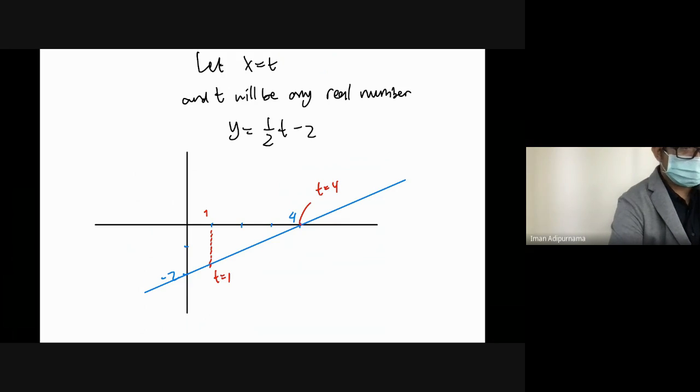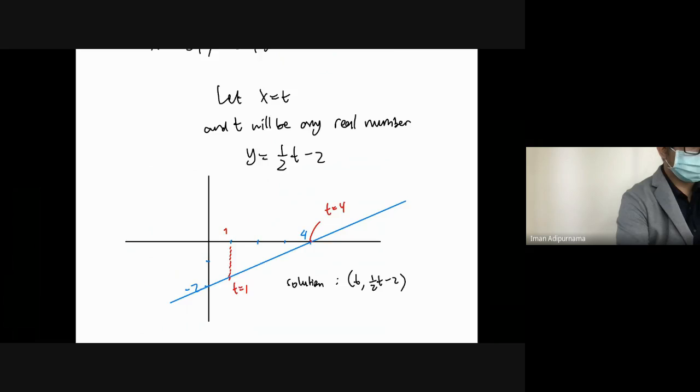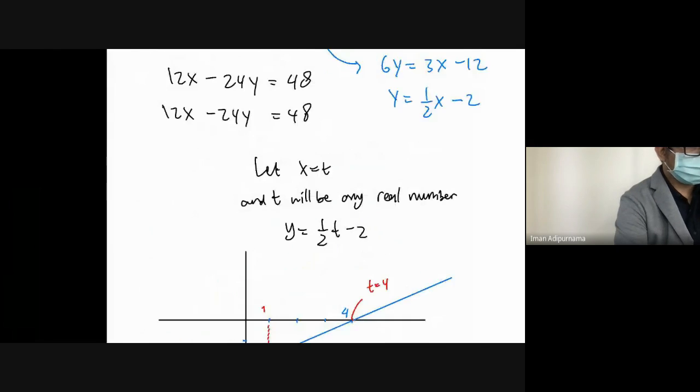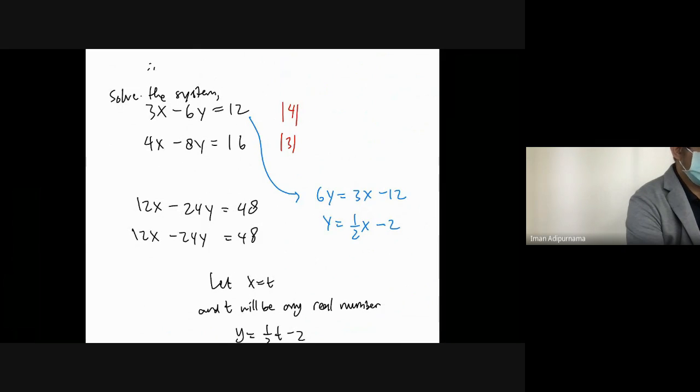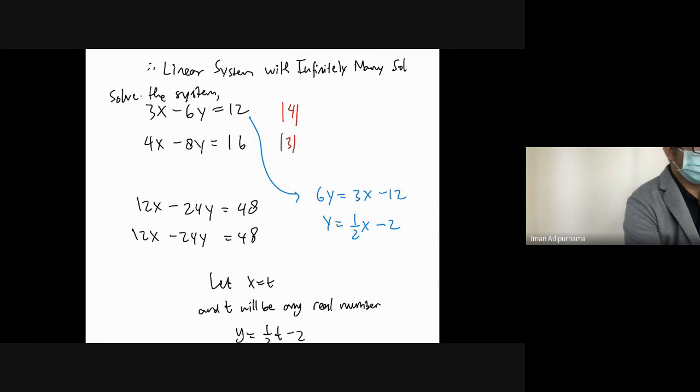So we can write the solution for this case: if we let x equal t, it will be t and half t minus 2. But of course, if you look at the xy solutions here, this is what we call a linear system with infinitely many solutions.